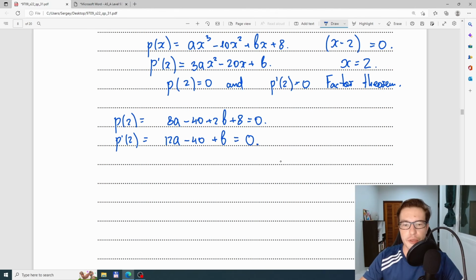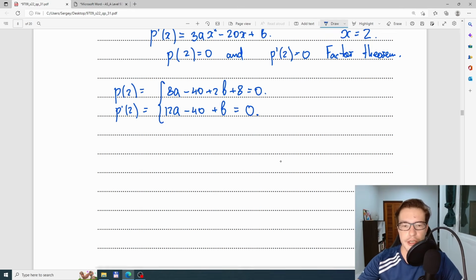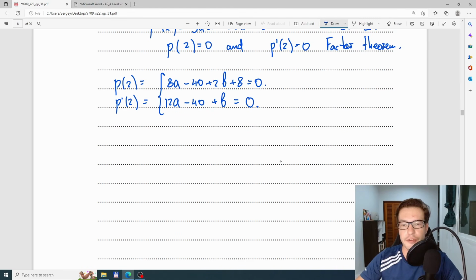So we've got 2 equations, 2 unknown values. That's simultaneous equations. And I will start by dividing the first equation by 2, so I can get the same coefficient next to b. I will get 4a minus 20 plus b plus 4 equals 0.